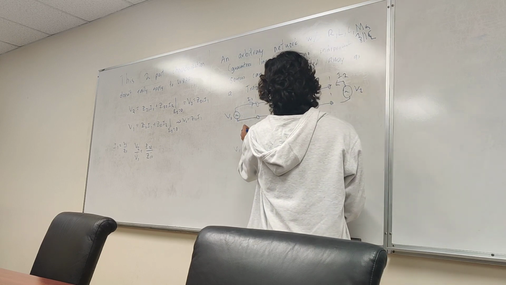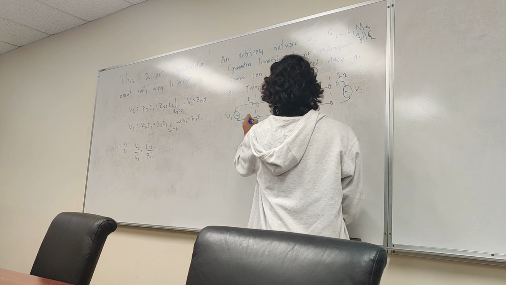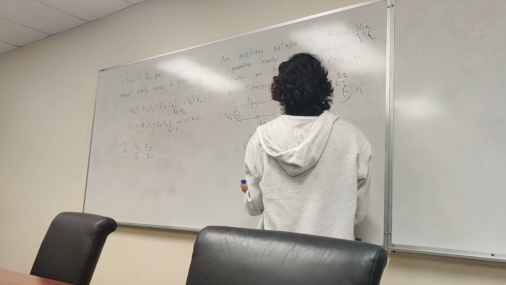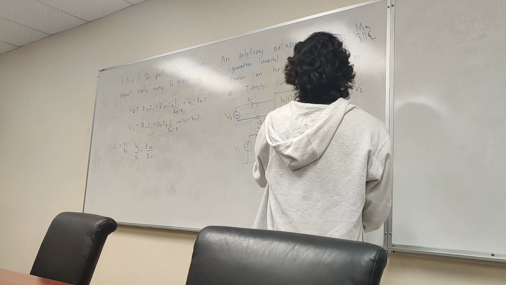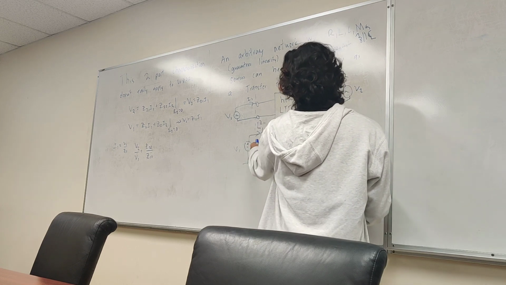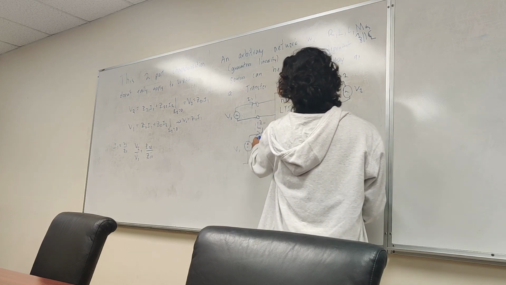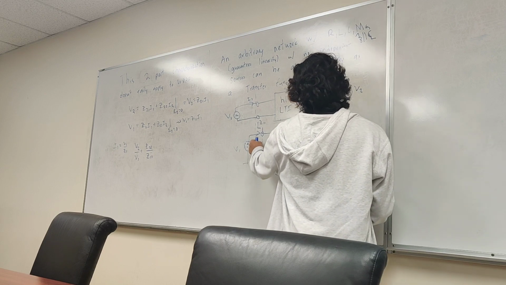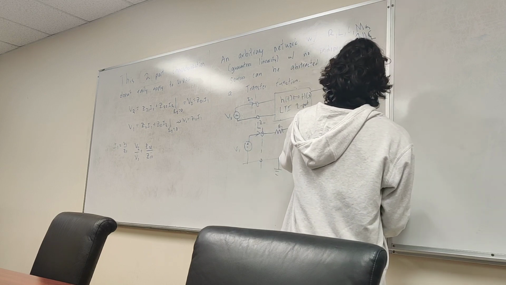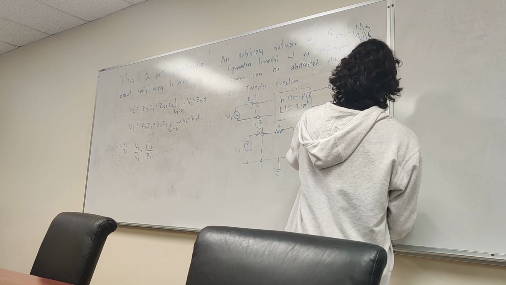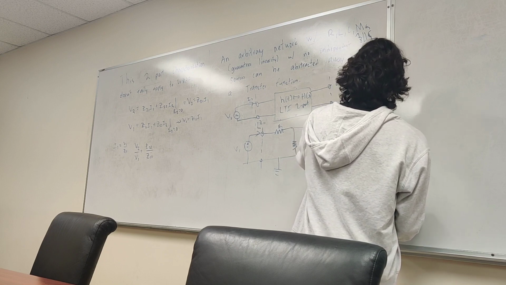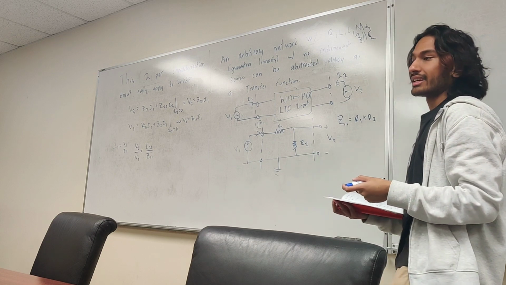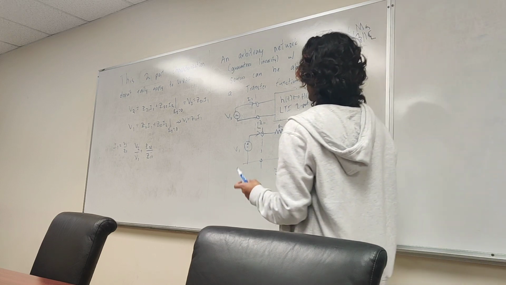Now we talk about V1 over I1. That is whatever impedance we see here, looking this way. No current goes here, so we apply any current here. It's going to go this way, go across, go down, do that loop. So that impedance is going to be R1 plus R2. Right, kind of straightforward. Now let's consider Z21.